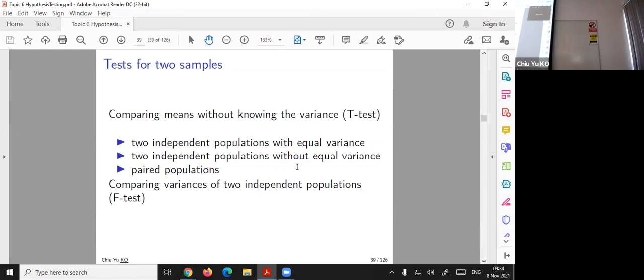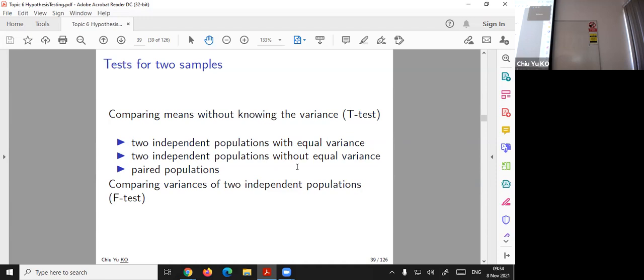And there are two different variations. One is you can assume they have the same variance. The other is you can't. And if you assume equal variance, how can you assume that? We will talk about that at the very end. You can do an F test first.